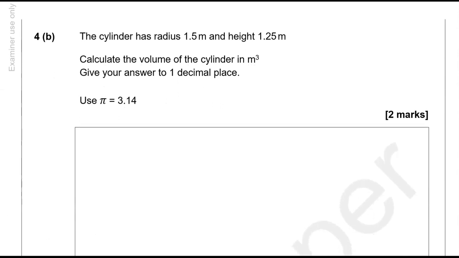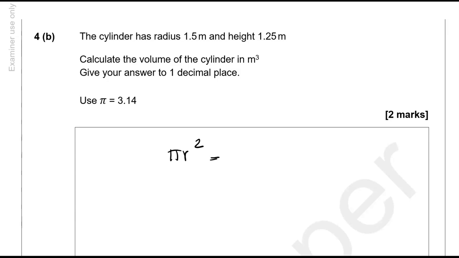The cylinder has radius 1.5 meters and height 1.25 meters. Calculate the volume of the cylinder in cubic meters. Give your answer to 1 decimal place. Use pi equals 3.14. So let's work out the area of the base of the cylinder and then multiply it by the height. So pi r squared is the formula for the area of a circle, and that's what we're going to use.